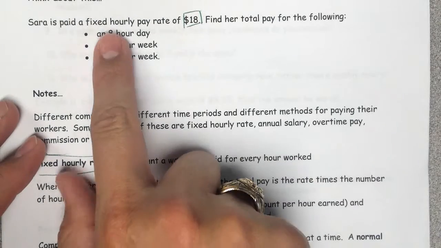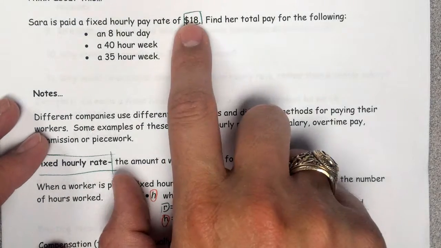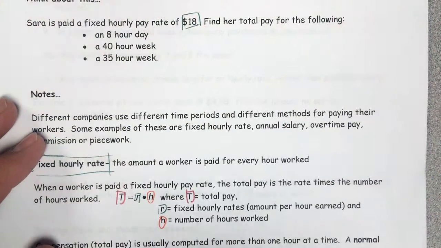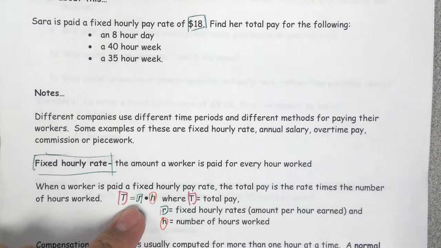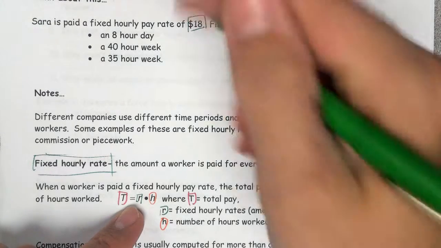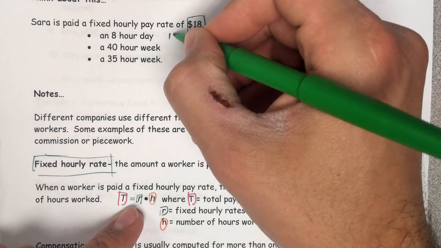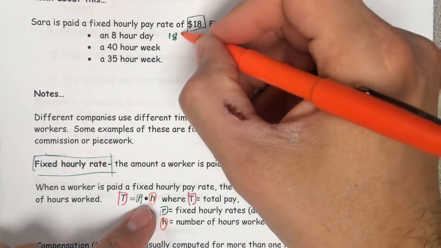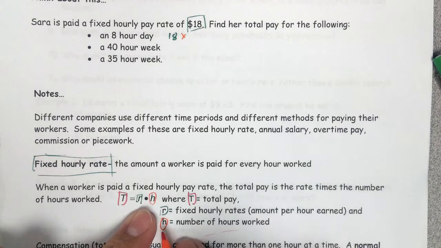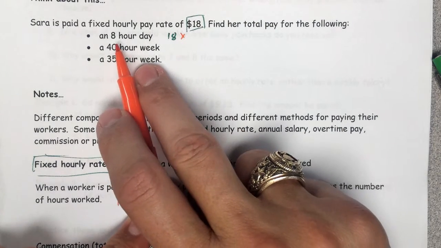In our three situations, Sarah's getting paid $18 an hour. So that rate is always 18. So my total, for an 8-hour day, is 18, and then we're going to multiply it by the number of hours. How many hours did they work?